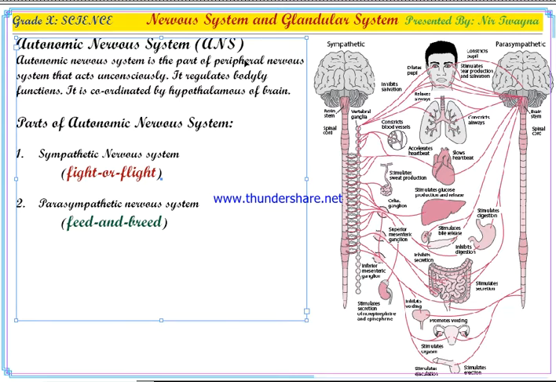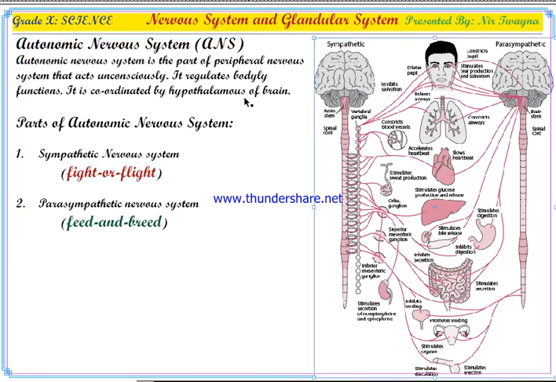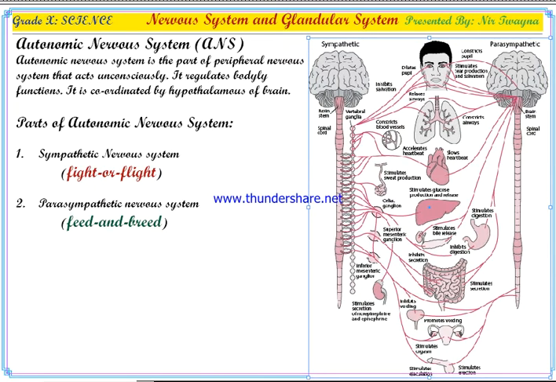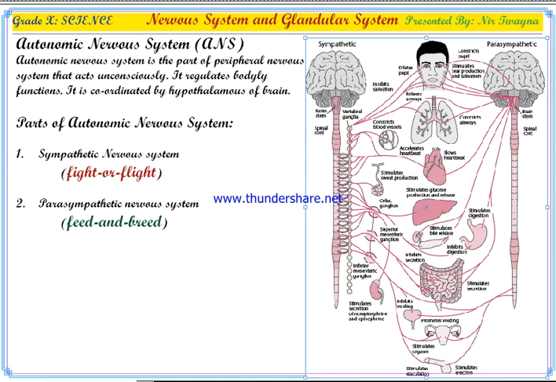These particular nerves and certain parts of your brain and spinal cord are programmed to maintain harmony inside your body. Maintaining harmony means keeping the vital functions inside your body at a certain level.